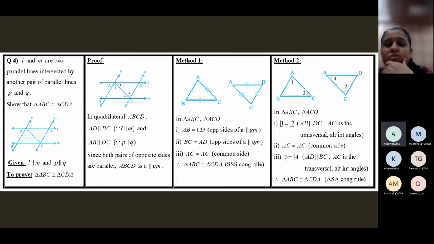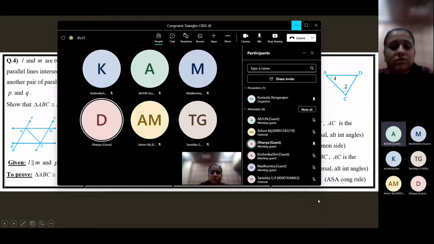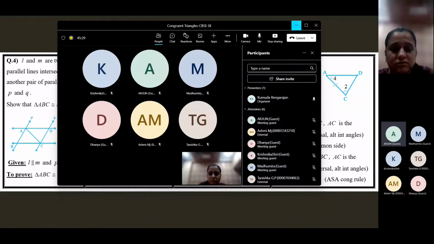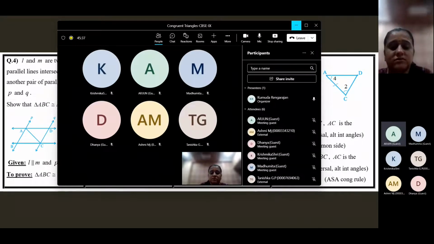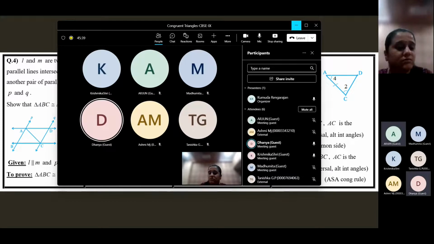Now you're all on vacations, right, children? It hasn't started for me now. My vacation starts on 2nd, ma'am. What about the others? For me too, from 2nd. When does your school reopen? 6th.